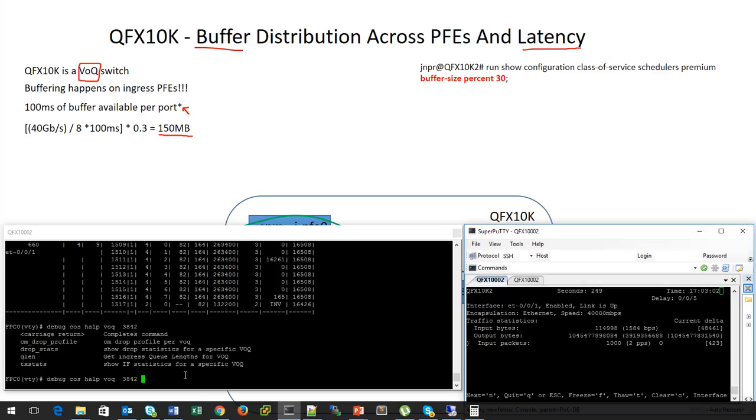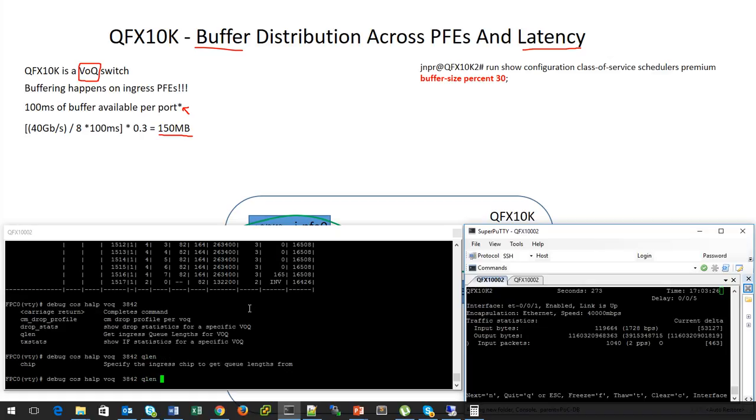Because in this particular case, as I'm congesting this port, I expect that the queue will be fully utilized. And then I will be able to relate that value with the buffer size that we have allocated for this queue. So queue length, and then it's asking me on which PFE.